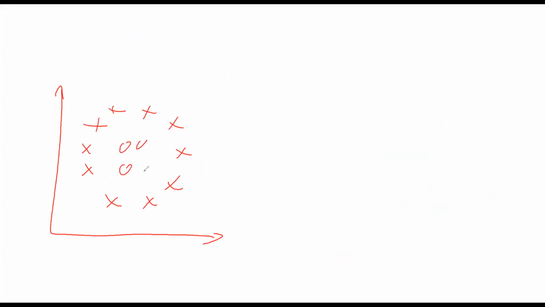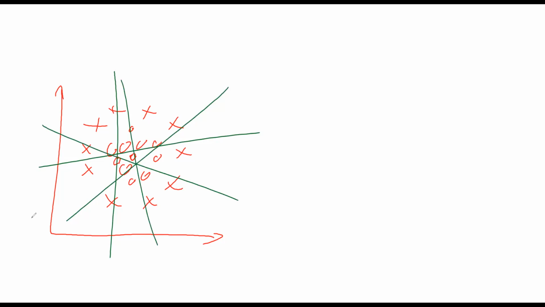Do you see that, guys? These are the two labels, the circles and the X's. Now, if I ask you the question, is there a line, any linear line, that can perfectly separate this data? Does it exist? No, right? It's impossible. There is no line that could separate something like this.